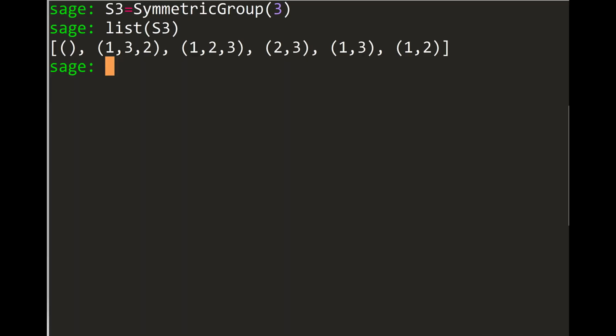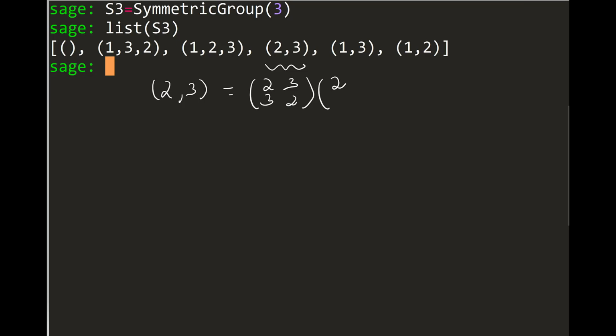Okay, so let's look at the elements of this group. For example, if we look at this element (2 3), it's a transposition, and the order of (2 3) is how much? It's simply 2, because if we look at (2 3), that is this permutation.